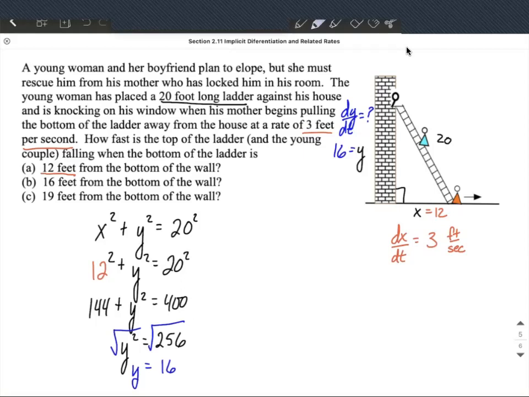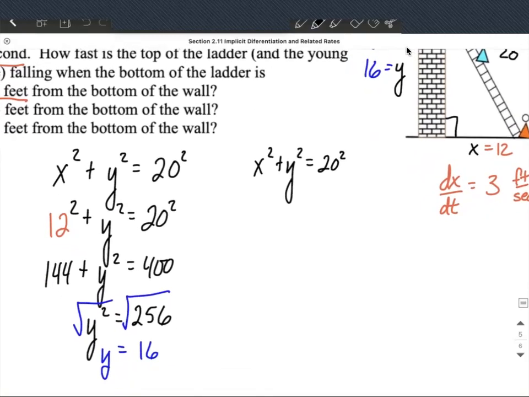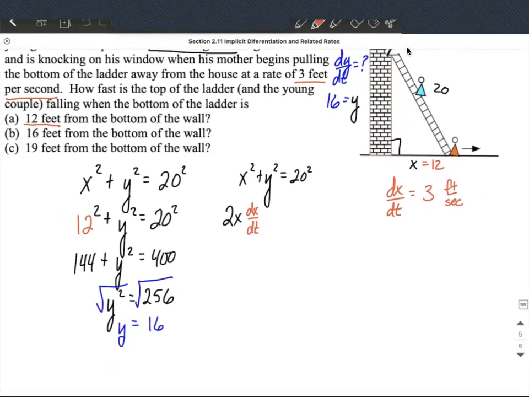You may be saying, okay, we still need dy/dt. So we're going to use this exact same x squared plus y squared equals 20 squared, or 400 on the right-hand side if you'd rather, but we're going to differentiate this with respect to time. One term at a time: differentiating x squared gives us 2x, but then we want dx/dt, because we just took the derivative of an x with respect to time.